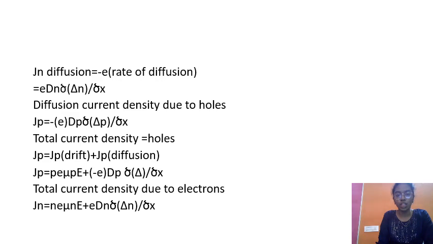Total current density due to electrons is Jn equals n e μn E plus e Dn ∂(Δn)/∂x. This is the final equation for diffusion current, and this is all about my topic.